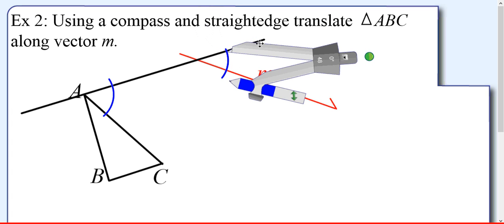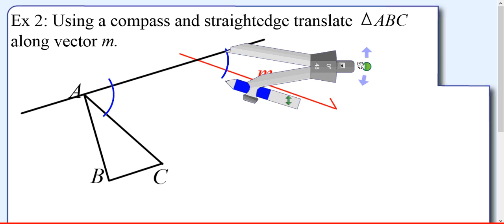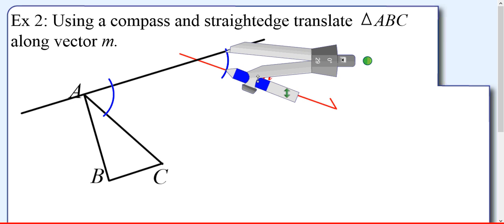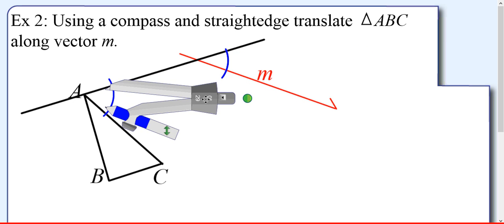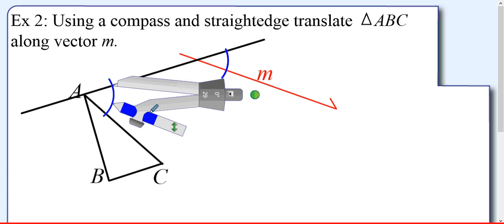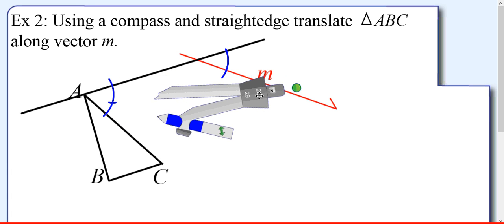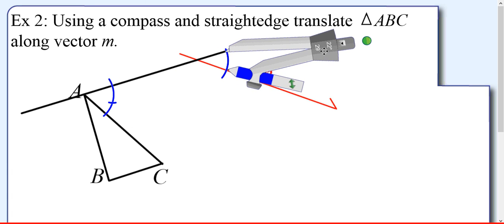Then you measure the distance, and you mark it so you get the same distance.